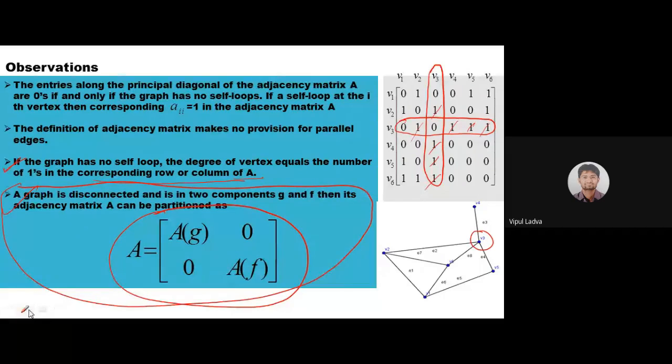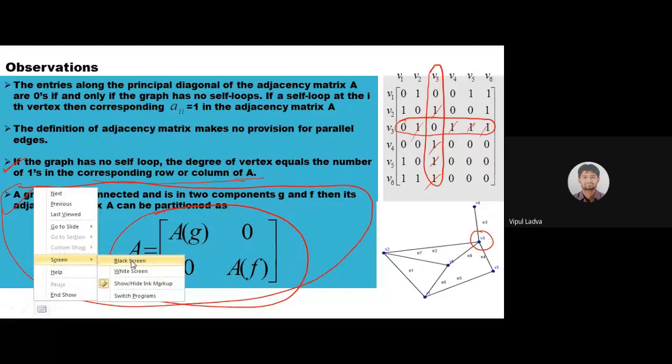How? Let me show. Let's try to understand this with the help of a disconnected graph. Suppose I have a graph with 6 vertices. Let me label the vertices A, B, C, D, E, and F. Now let me make a disconnected graph.